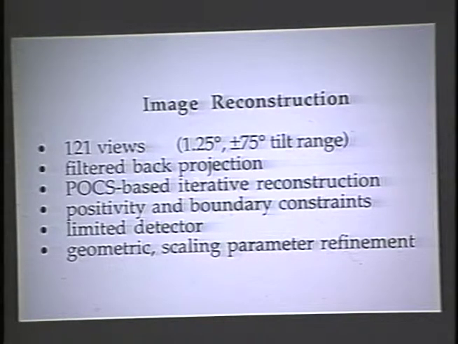Now, there's a couple of different approaches, and I don't think I'll spend much time on them. I just want to mention the concepts behind them. There's a standard technique called filtered back projection, which is a very simple algorithm. It's the kind of algorithm that's used routinely in CT scanners, medical X-ray scanners.